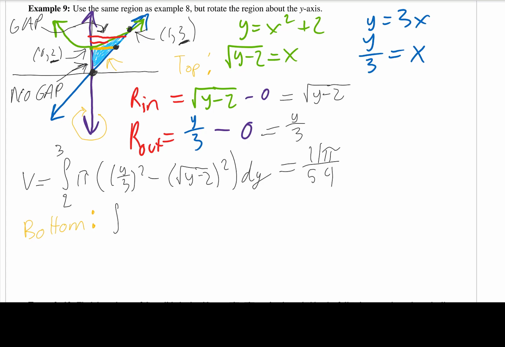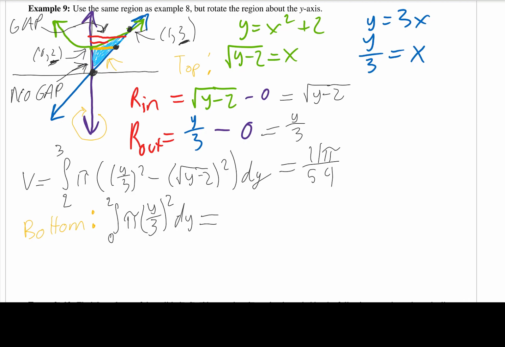So we're going down to the origin, so we're going to be doing the integral from 0 to 2 of our A of y formula, which is pi times the radius squared. Well, our radius is the distance between the blue line and the purple line, which is given by y over 3. And so then we have pi r squared right there, dy.